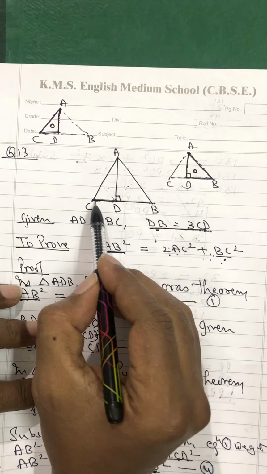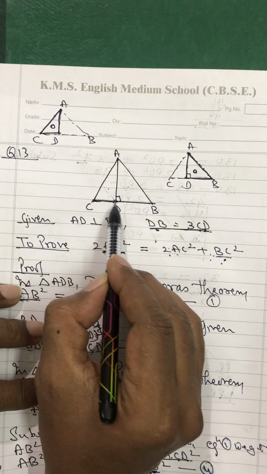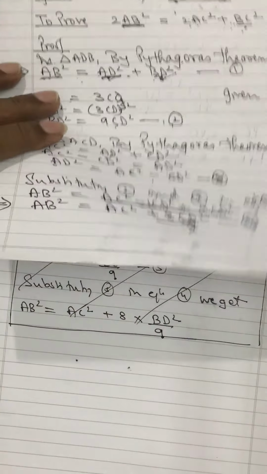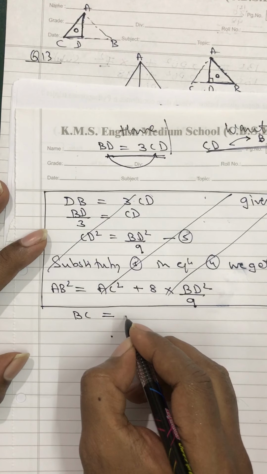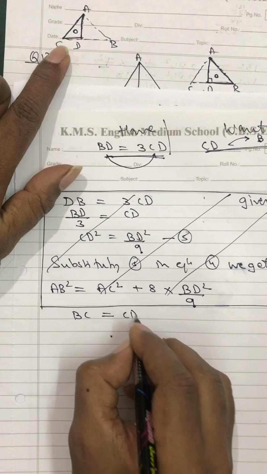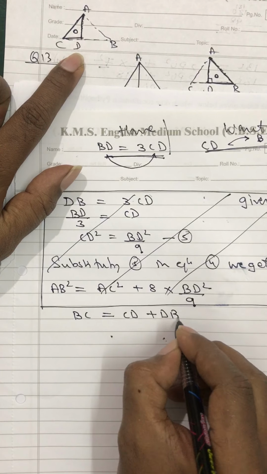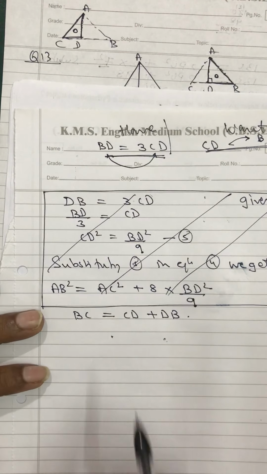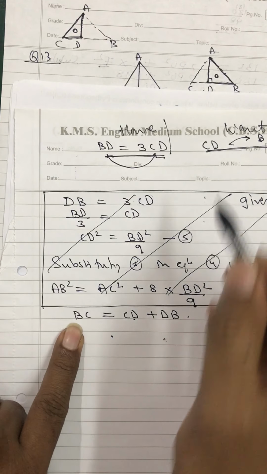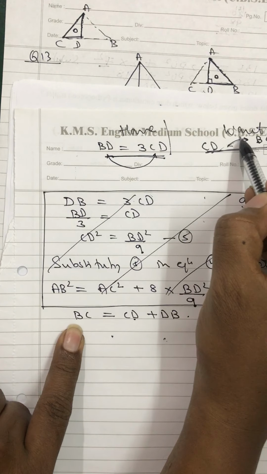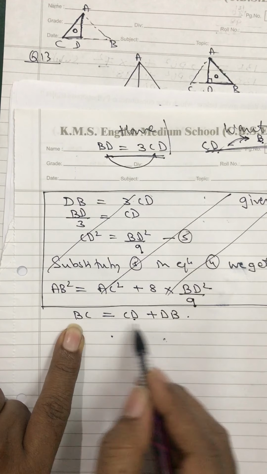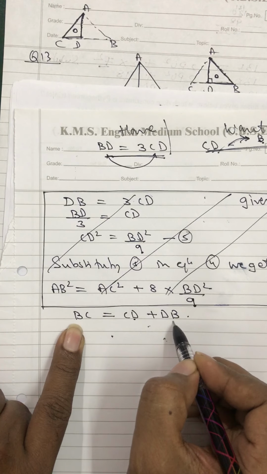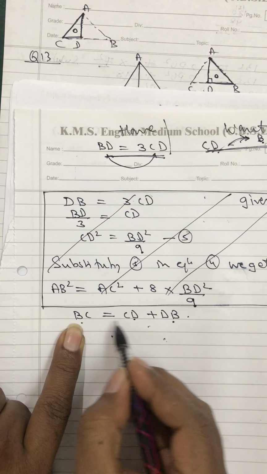So by collinear points, BC is equal to CD plus DB, right? What do I want? CD and BC I want. Are you getting? CD should get converted to BC. What I don't want out of these three is DB.